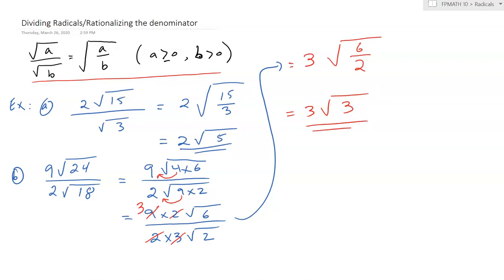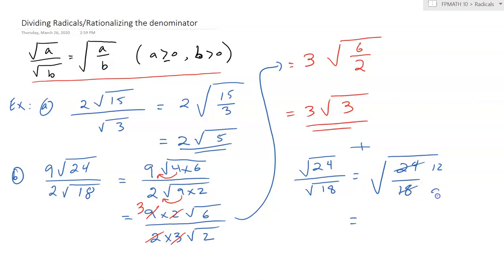Now it's important to realize, just as a side note here, that you could have also done root 24 divided by root 18. You could have just said 24 divided by 18 inside the radical, and then asked, can we simplify anything in there? Well, 2 goes into both of them, so that would be 12 over 9.